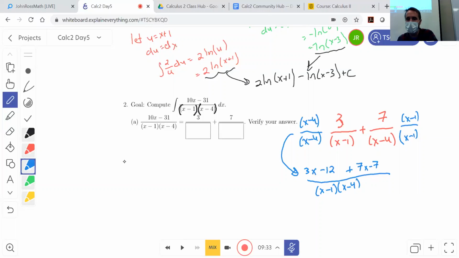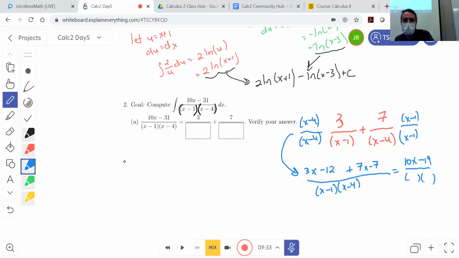So here we did some guess and check. We guessed that the x minus 1 went under the 3 and the x minus 4 went under the 7. We recombined to find this common denominator, and when the dust settles, what do we end up getting? Up here in the numerator, the x terms combine, so the 3x plus the 7x gives us 10x. And then the constant terms combine, so the negative 12 and the negative 7 give us negative 19, all over that common denominator.